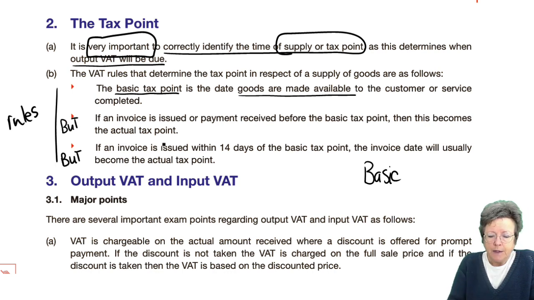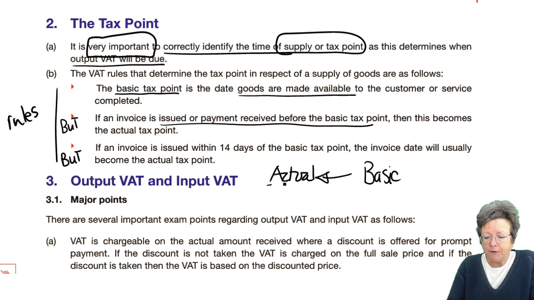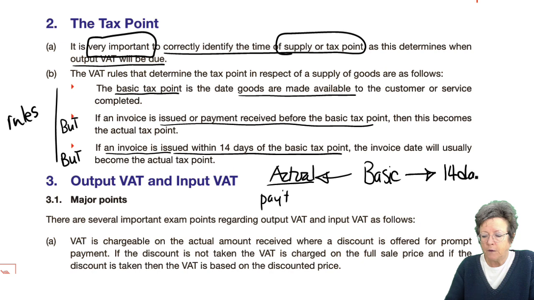But if an invoice is issued or payment is received before, this becomes what's known as the actual tax point. If there has been payment, deposits, things like that. If an invoice is issued, second but, if issued within 14 days of the basic tax point, that then becomes the actual.